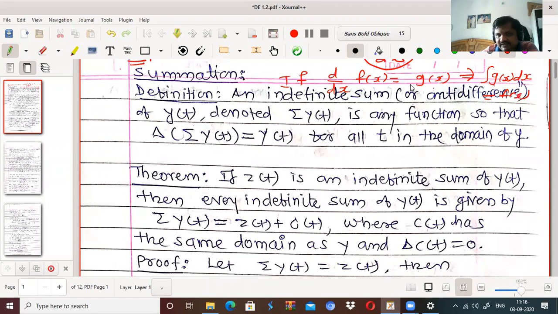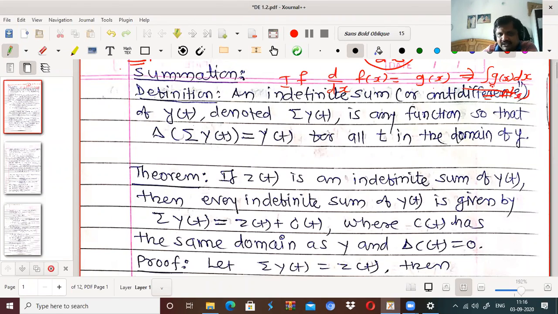Sometimes we call integral as antiderivative or antidifference, or converse of derivative or inverse derivative, whatever you want. So integral is the inverse function of derivative.